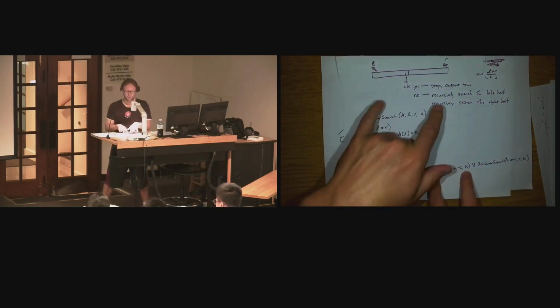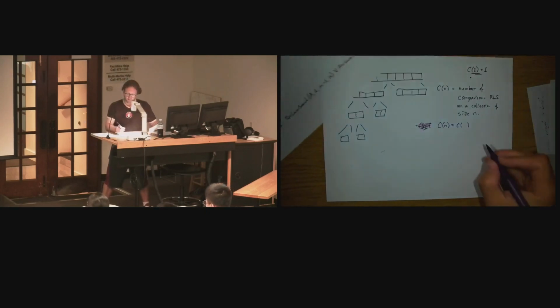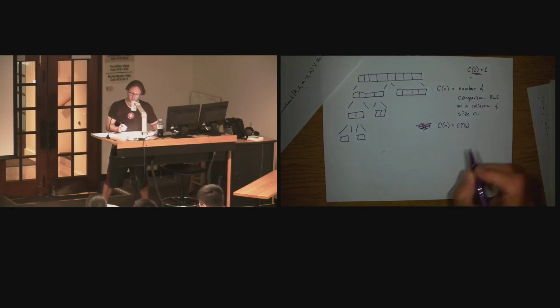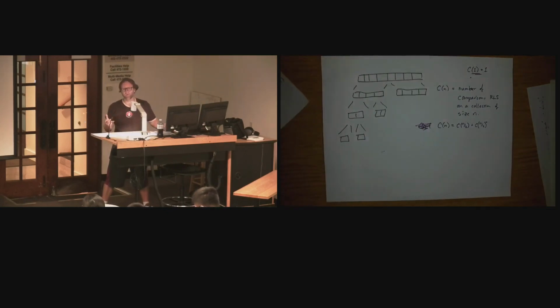I'm cutting it into 2 parts, right? And how big is each part? Roughly n over 2. This is the first recursive call. This, likewise, is the second recursive call. Now, we might be off by 1. If there were 9 of them, then we would cut out 1 to begin with, and one would get 4, and the other one would get 4. We're only interested in the asymptotic behavior.